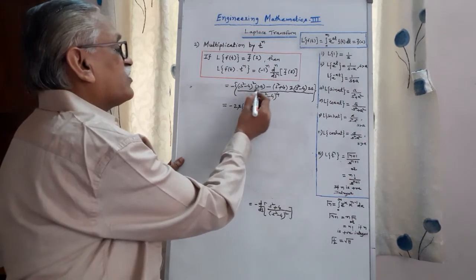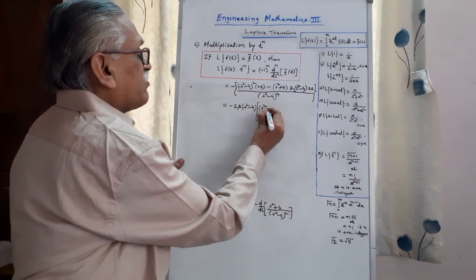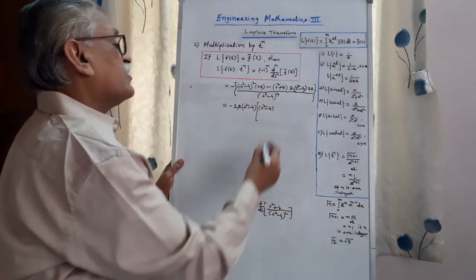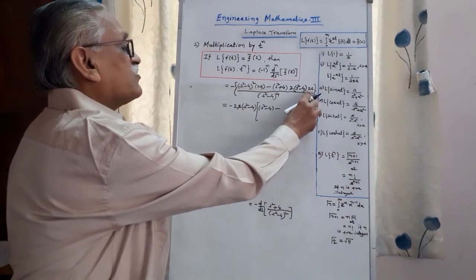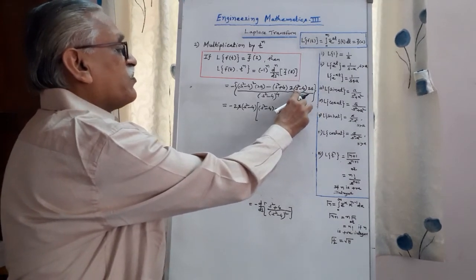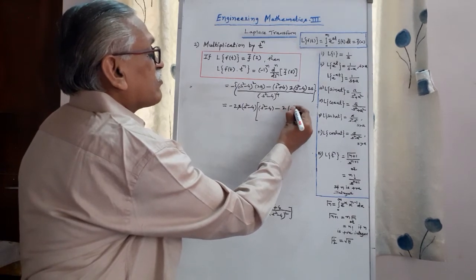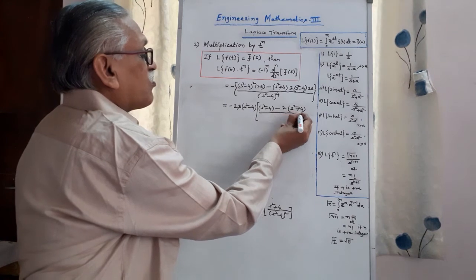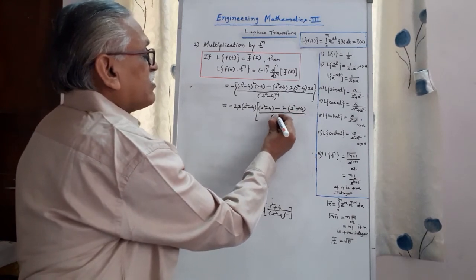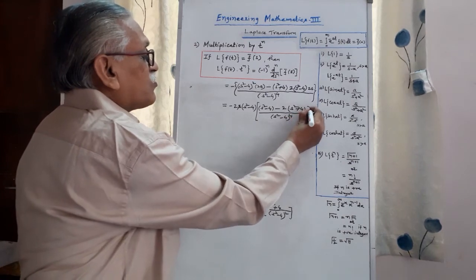When we take this one as common, here it remains s square minus 4, and minus this is taken common, this also I have taken common, therefore what is the remaining? 2 times s square plus 4 divided by s square minus 4 raised to 4.